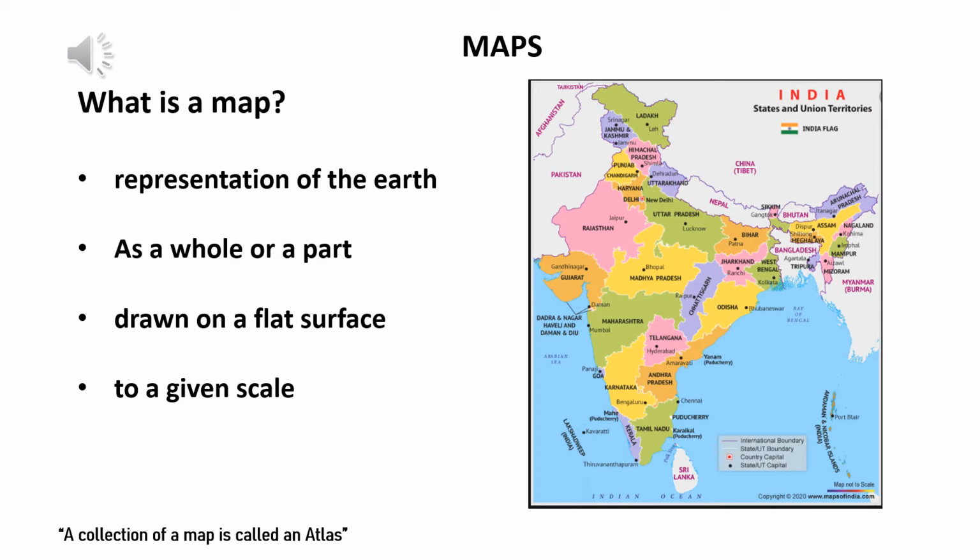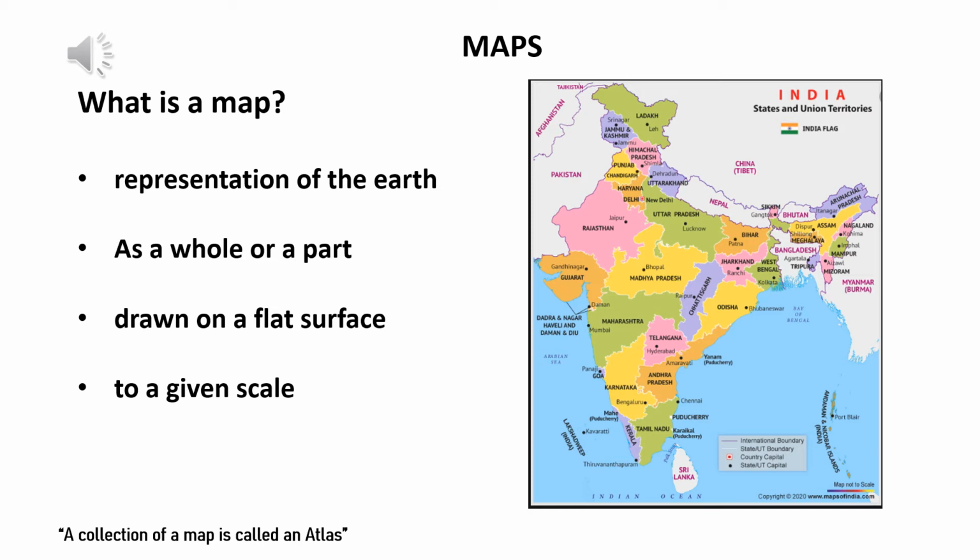As compared to a globe, which is three-dimensional, a map is a two-dimensional representation that is drawn on a flat surface like paper. A map, unlike the globe, can represent the whole of the earth or just any part of the earth. The picture shows the map of India, which is a very small part of the earth.